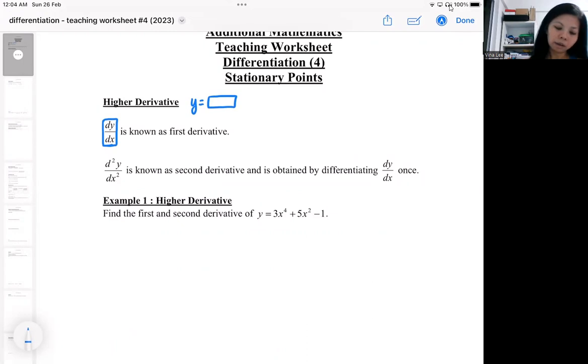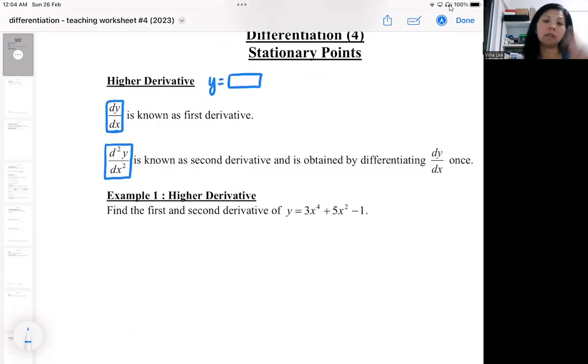And then here is the second derivative. If you look at the notation, it looks a little bit different. It's like d square y over dx squared. Okay, so please write it properly. Your second derivative is dependent on your first derivative because we're going to differentiate it one more time.